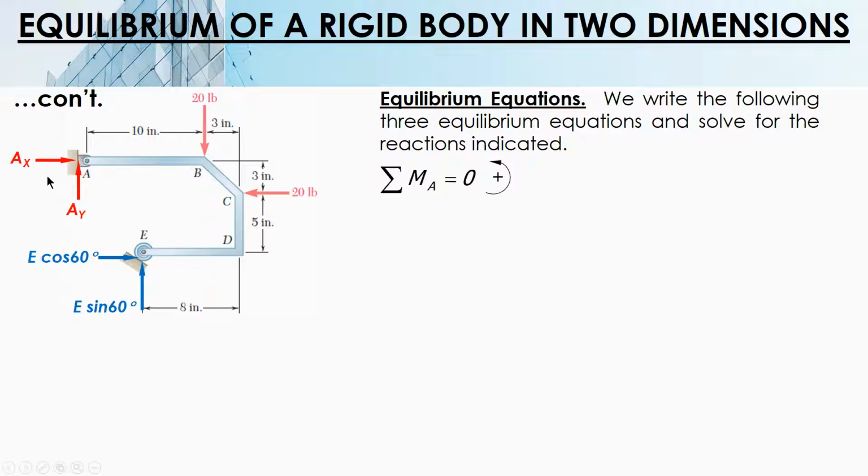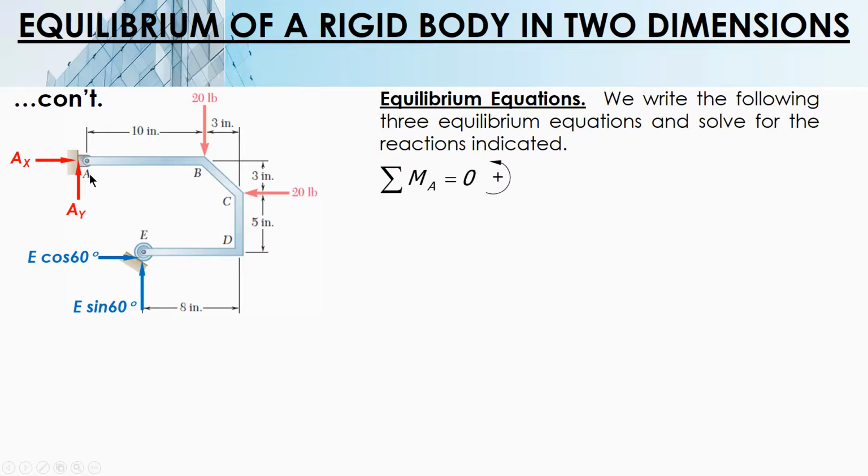Because if you sum up force in X, you will have to include AX and E. And if you sum up force in Y, you also have to include AY and E. So you cannot solve anything. So you better start with moment. If you sum up moment at E, you also have to include EX and EY. Therefore, sum up moment at A, so that you will only have one unknown reaction, E.